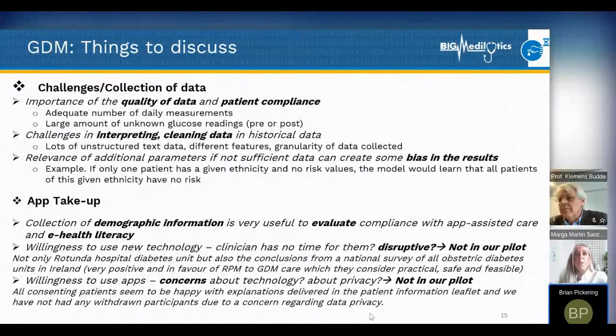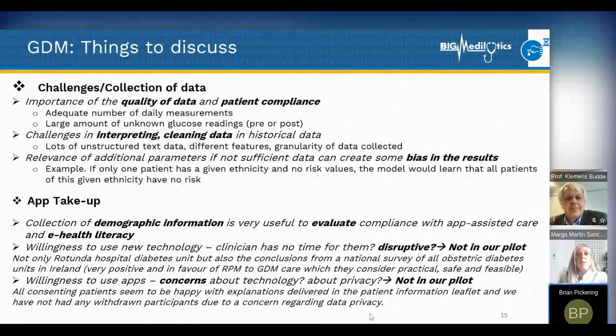In terms of take-up of the technology, we found it very interesting to collect demographic information, as it was extremely useful to evaluate compliance with the mobile app, and also e-health literacy.